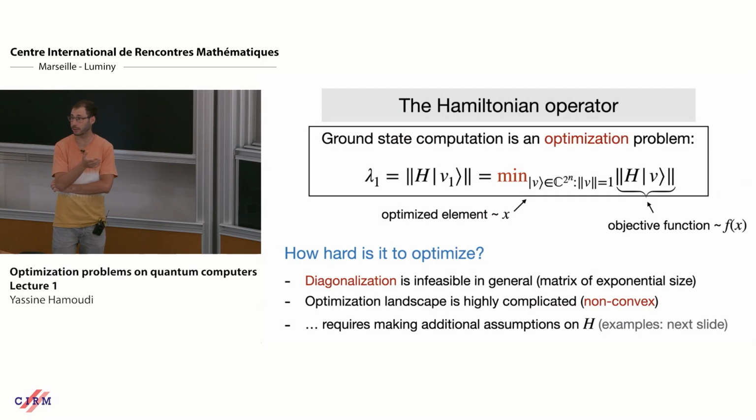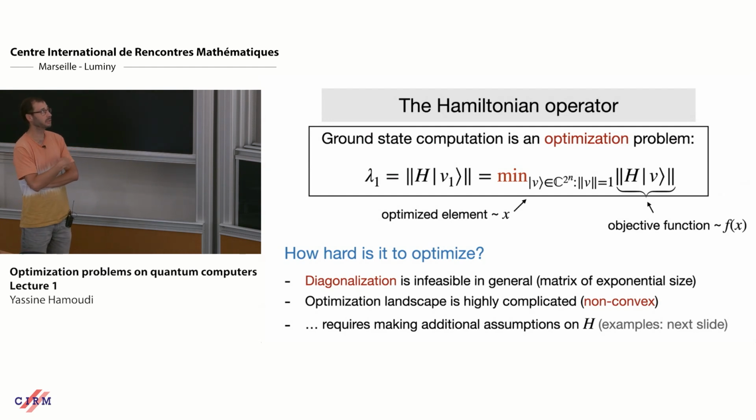So in general, diagonalization wouldn't be efficient for solving that problem. Moreover, the optimization landscape, if you plot the function, is going to be something highly complicated. So it's non-convex. It could have local minima everywhere. So it will be very hard to navigate the optimization landscape of the function.